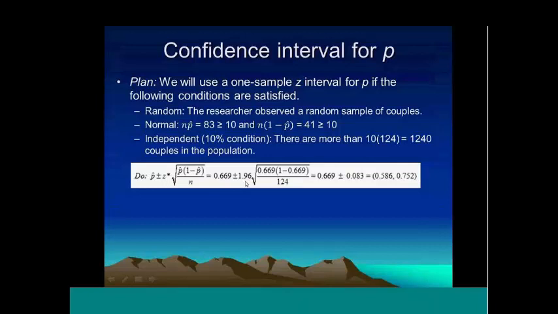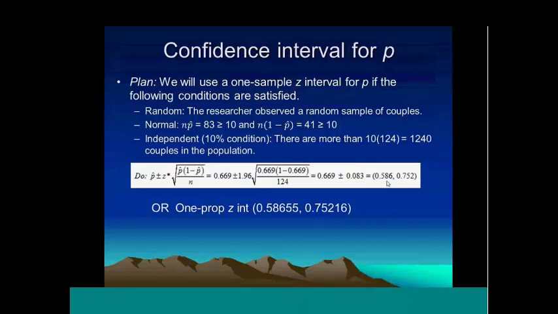Most of us who've taught statistics for a while have memorized this critical value for 95% confidence, 1.96, or almost 2. And then we've plugged in our sample proportion here, 0.669. So that yields an interval 0.669 plus or minus a margin of error of 0.083, or an interval of 0.586 to 0.752.